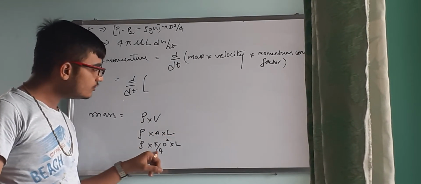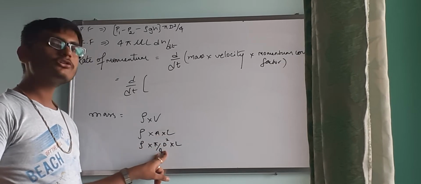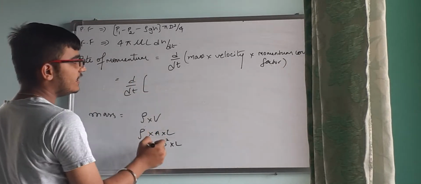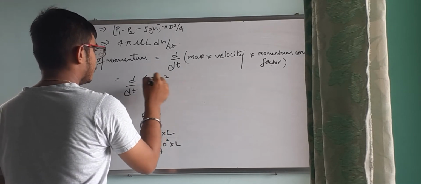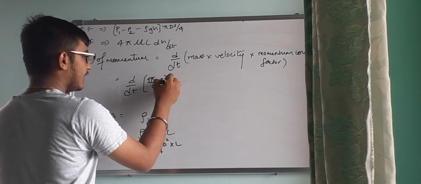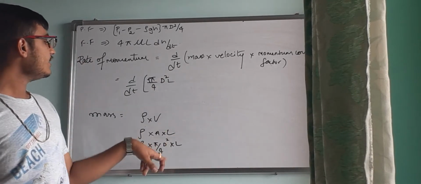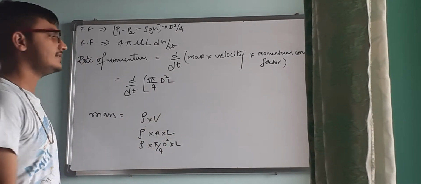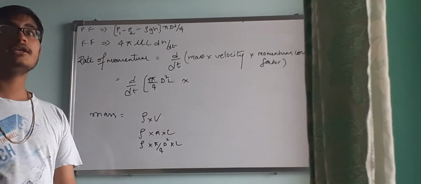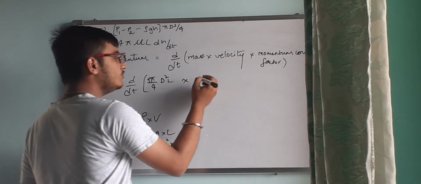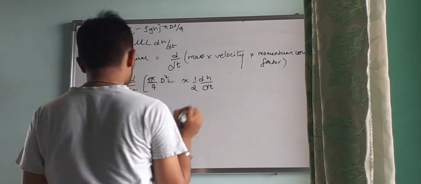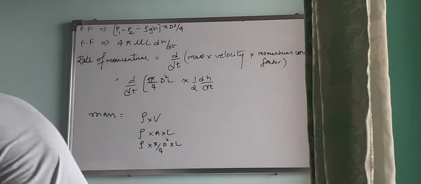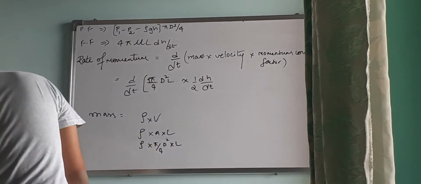So rho into area, where area is pi by 4 d square, into L. Rho pi by 4 d square L is the mass, into velocity, which we already calculated as 1 by 2 of dH by dt.